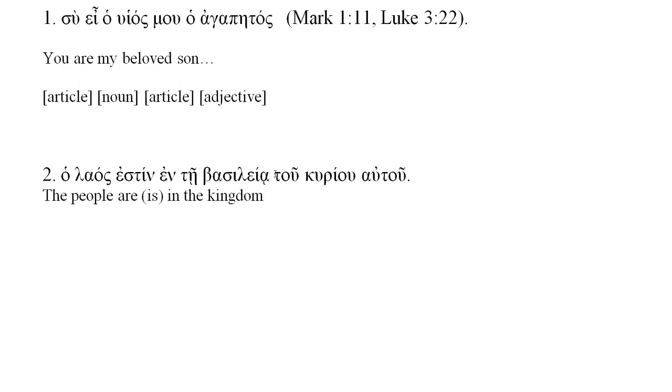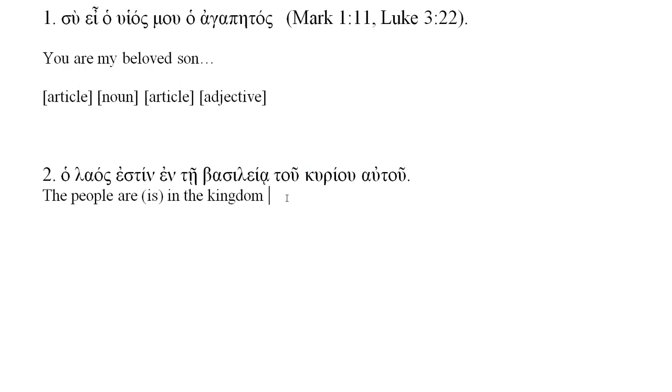And then it looks like we have some genitives here that are going to relate back to kingdom most likely. So we have tou kuriou. So there is our genitive singular definite article, and here is a masculine noun, kuriou. So we have a genitive masculine singular noun along with its definite article.